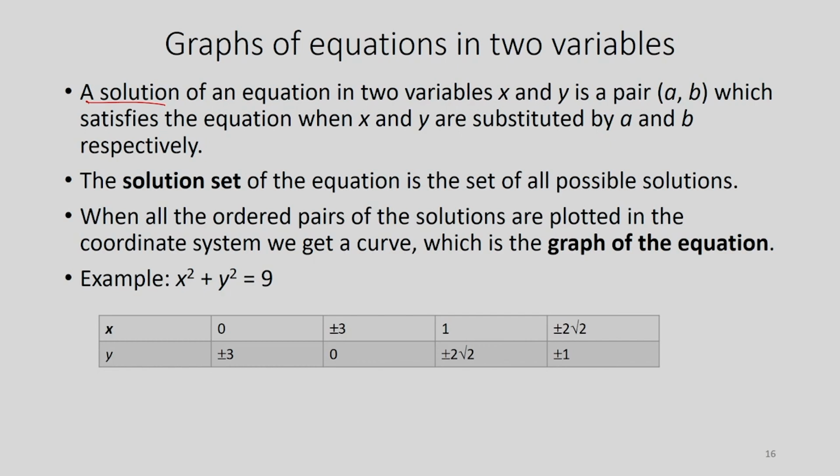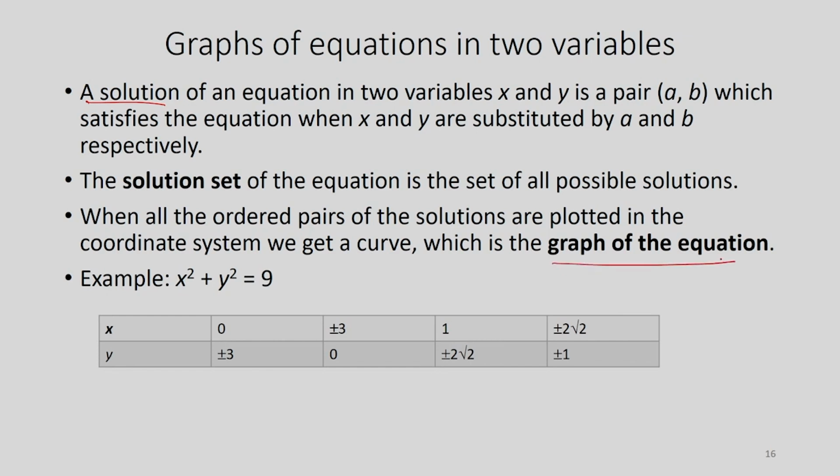So, there will be many solutions of an equation because many pairs of numbers will satisfy a particular equation. So, if I put all of them together, all the solutions together, then what I get is a set, right, a set of pairs of numbers. That set is called the solution set. When all the ordered pairs of the solutions are plotted in the coordinate system, we get a curve which is the graph of the equation.